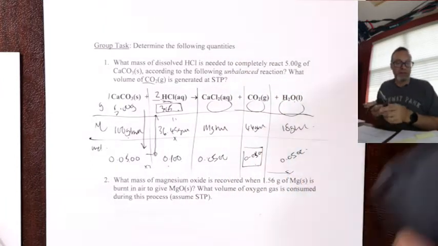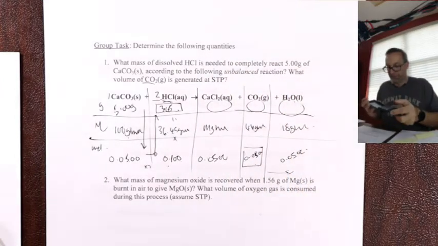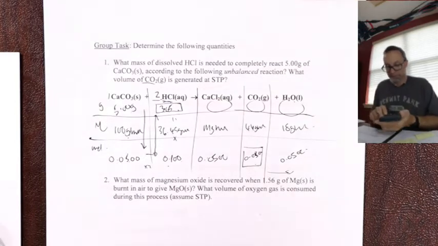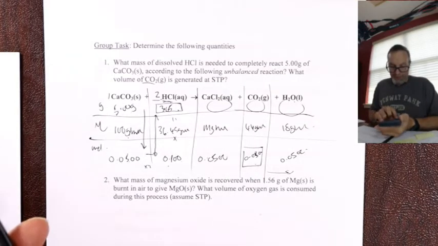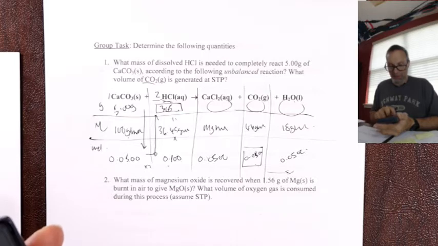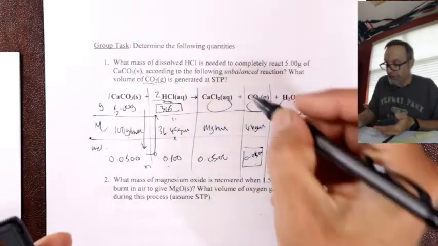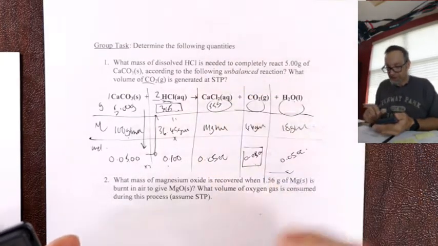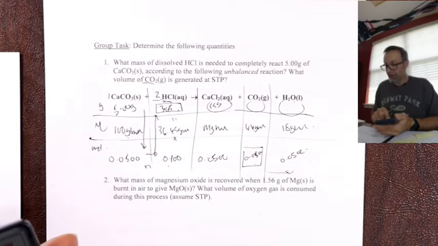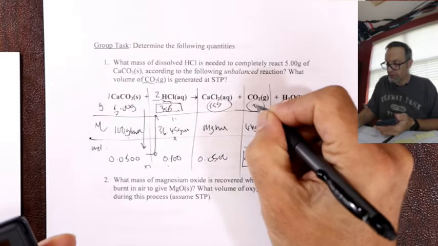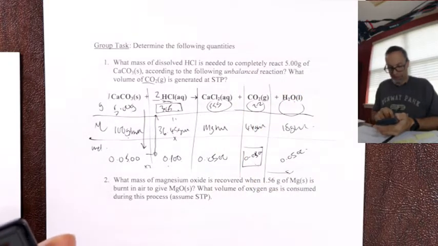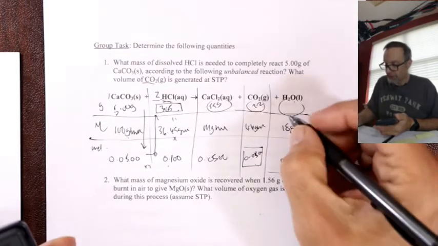Let's just do it real quick. 0.05 times 111 equals 5.55 grams. 0.05 times 44 equals 2.2. And finally, 0.05 times 18 equals 0.9.